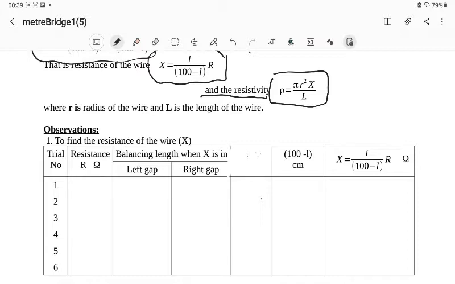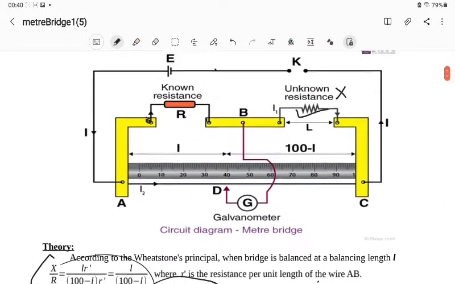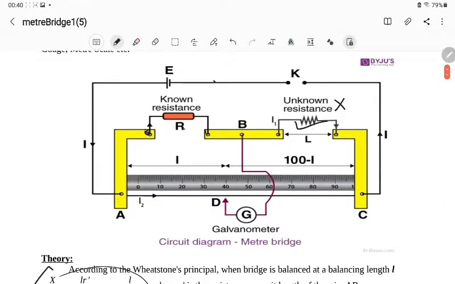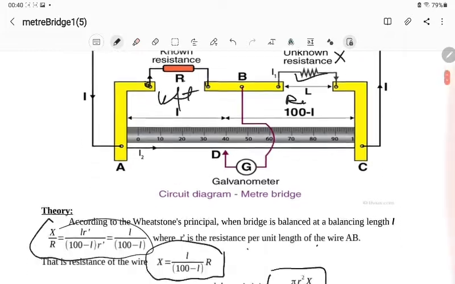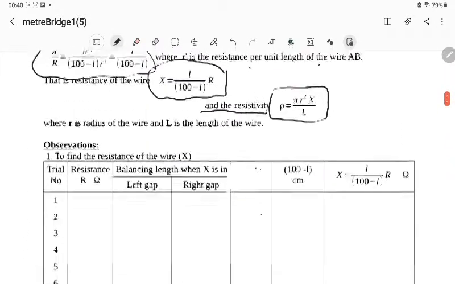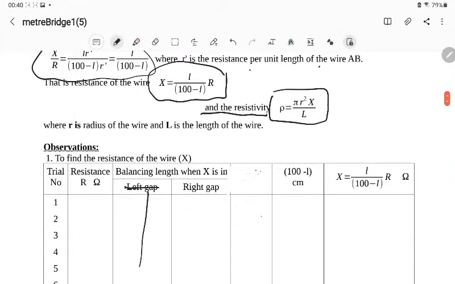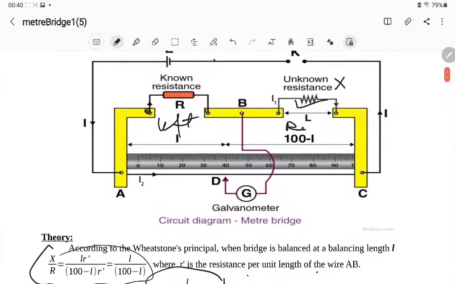Okay, so first, see, unknown resistance is in right gap, nah? So this is left gap, this is right gap. So here we will not use this left gap, okay, because unknown resistance we keep in right gap.